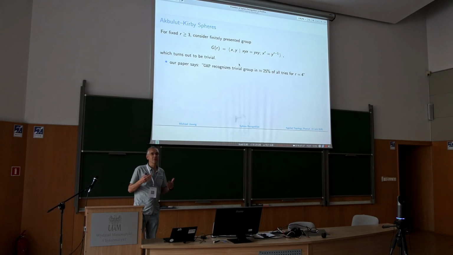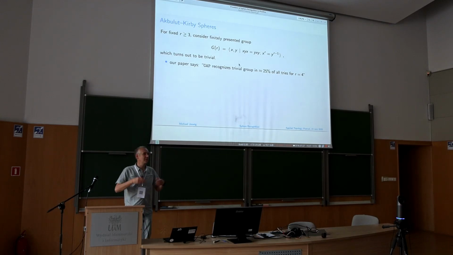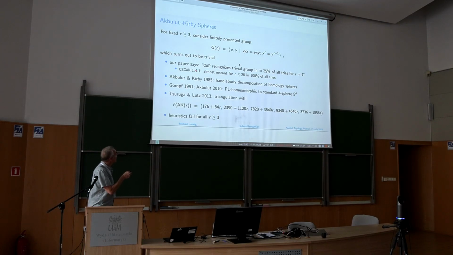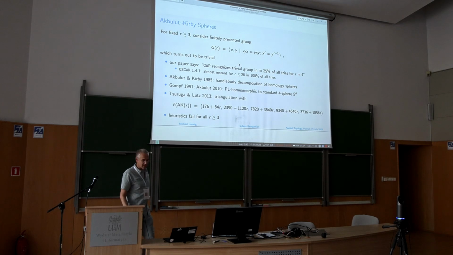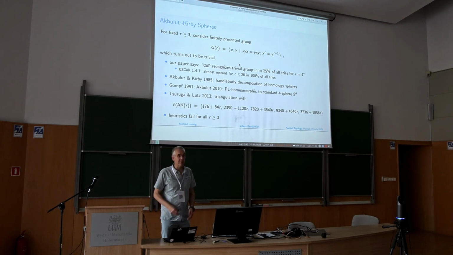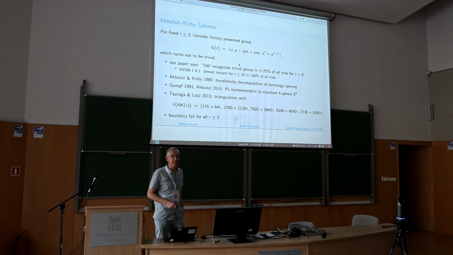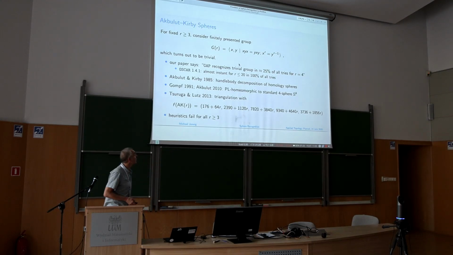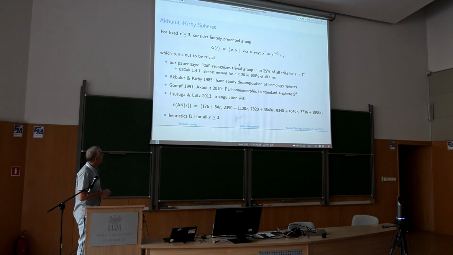Now, this is from a few years ago, new software versions come and go. Now that we have Oscar, you can do this instantly. I tried it up to r equals 20, so it's no big deal. On your laptop, in an instant, it will tell you this is the trivial group. There's progress.